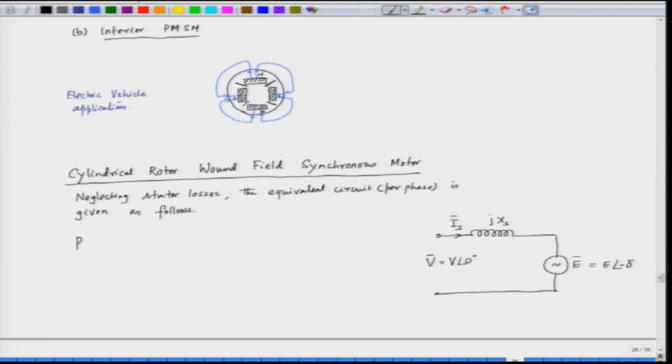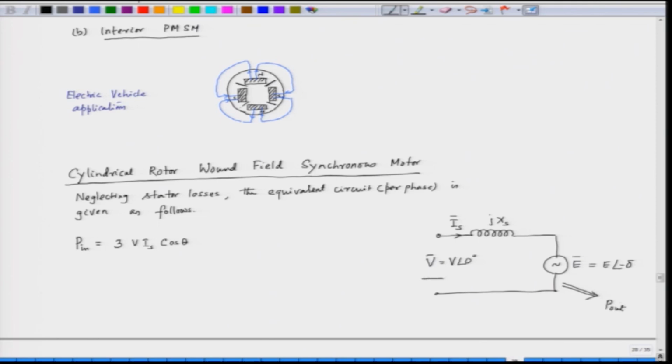So, what we can say here is that the input power is equal to, this is for a single phase. So, if we calculate for 3 phase, we can say 3 V into Is into cos of the angle between them. Theta is the angle between V and Is, and since we do not have any losses, the power which we get output is P out.